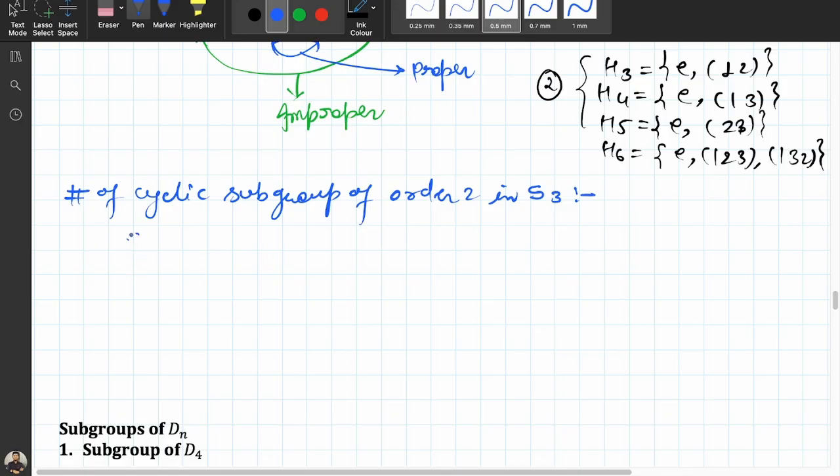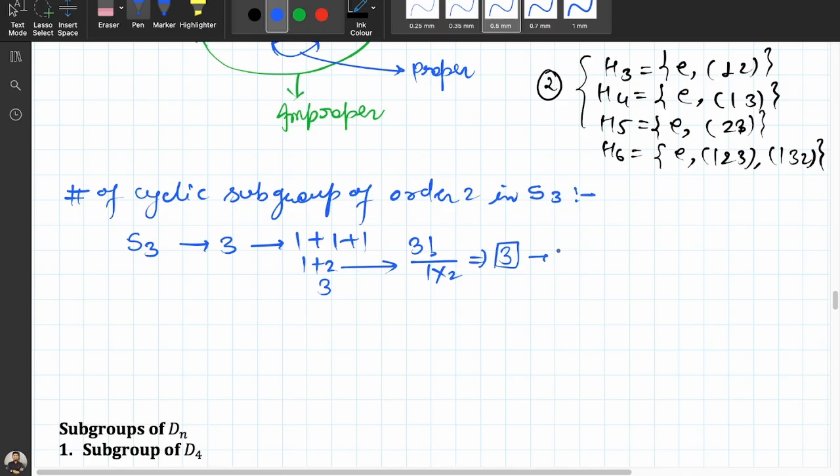S3 means 3 symbols. What is the cycle decomposition? 1 plus 1 plus 1, 1 plus 2, and 3. The LCM is 2, so the count is 3 factorial over 1 into 2. So it means 3 elements are there. This is the number of elements of order 2.